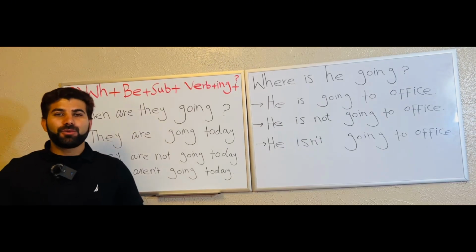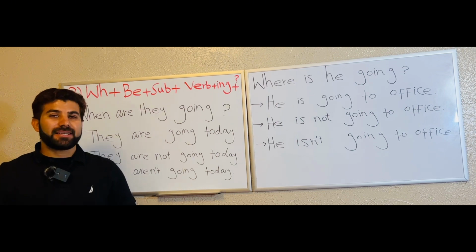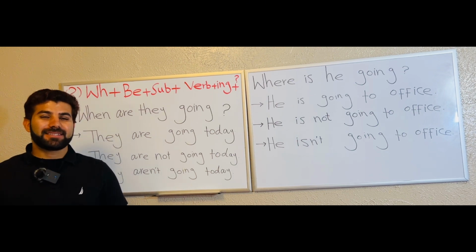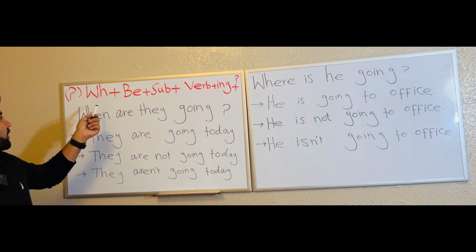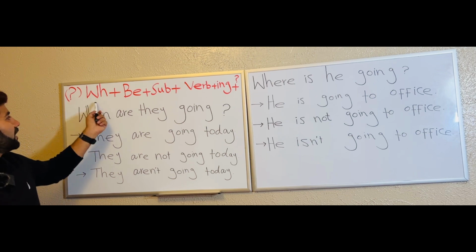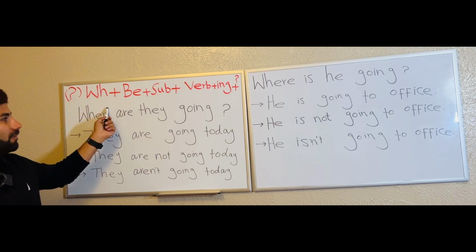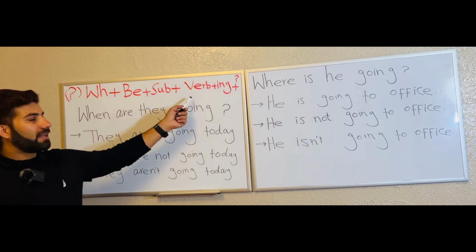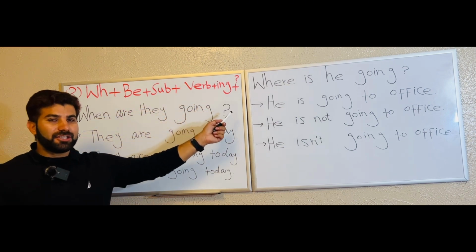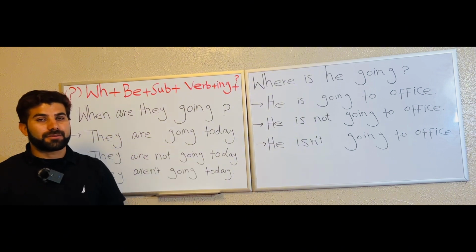We also use present continuous tense or present progressive tense for a WH question. In this structure, we need to use the WH question word first, then be verb, then subject, then action verb, then ing, then at the end a question mark.